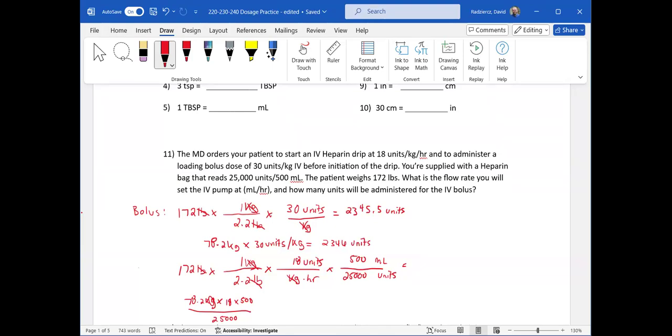Okay, all right. For this one, I'm going to do it the long way: 172 times 18 times 500 divided by 2.2 divided by 25,000. And you're going to get 28.145, so 28.1 milliliters per hour if I save my rounding to the end.